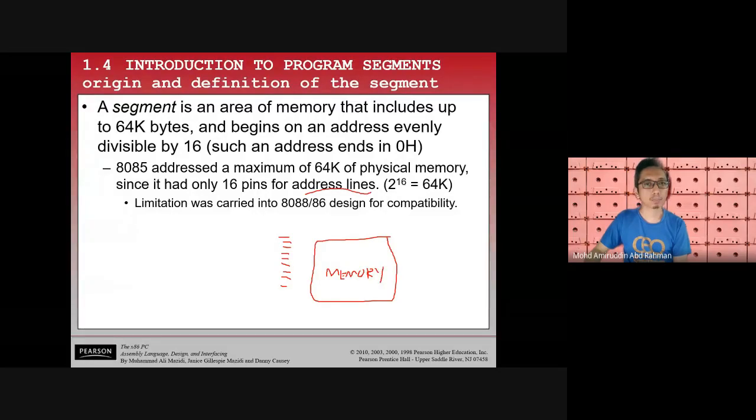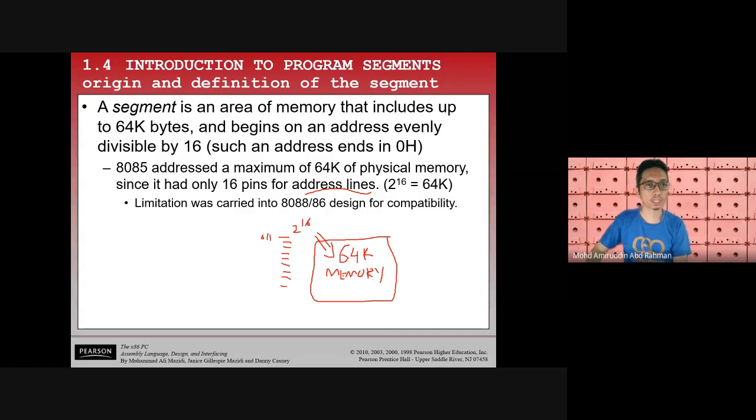The maximum we can have is 64K of memory, because each of these lines is binary, 0 or 1. So 2 to the power of 16 is equivalent to 64K.